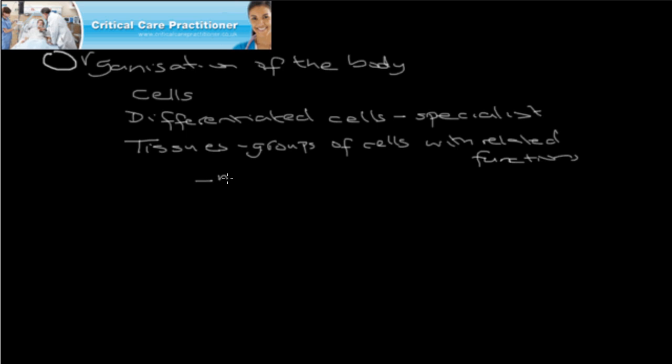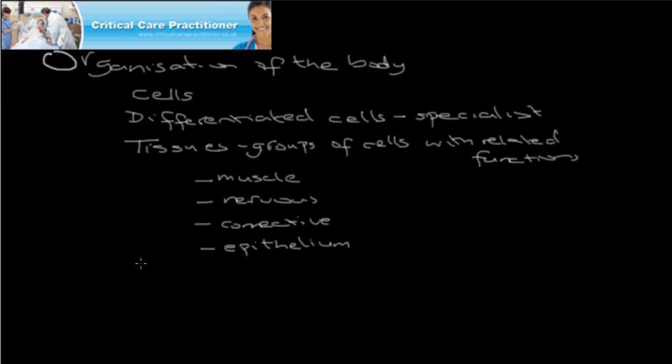So you've got muscle, you've got nervous cells, you've got connective cells, or connective tissues, sorry, and you've got epithelium. And we'll come across all these different types of cells as we go through the physiological systems.